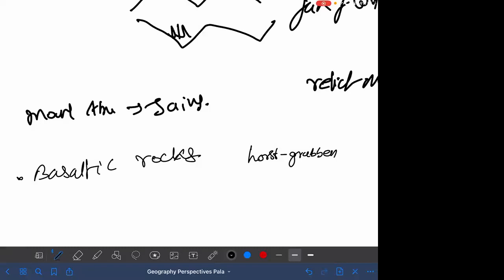And the Vindhyas form a significant water divide, which has a radial pattern of drainage. The pattern of drainage is one.